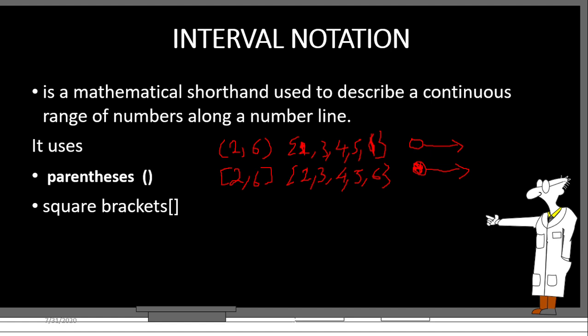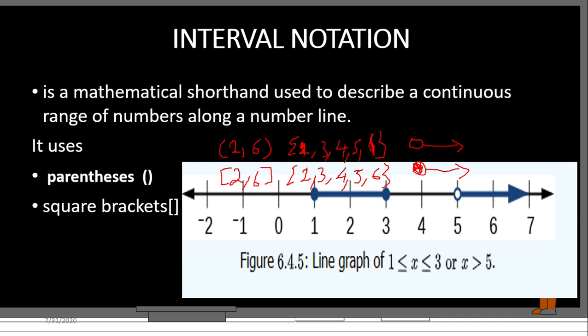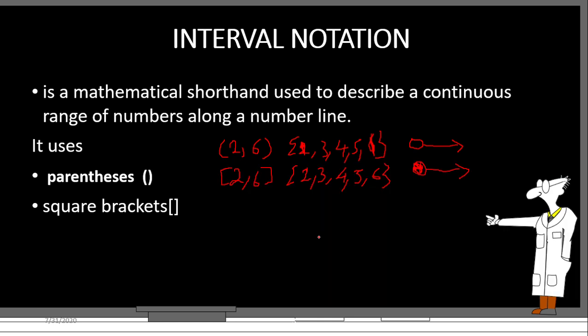So this is how you can express it using the number line. Another thing you need to take note of: remember, this is a number line, right?